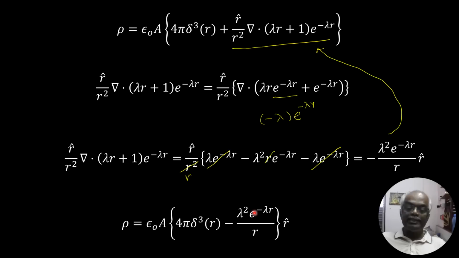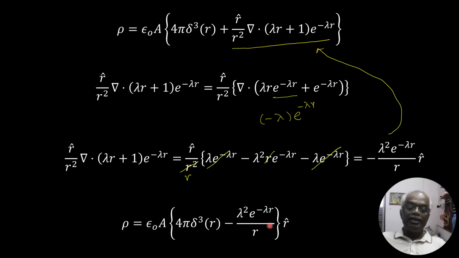That is minus lambda squared e power minus lambda r over r, of course, r cat. Remaining thing I am keeping as it is. That is epsilon naught a 4 pi delta q over r, and minus lambda squared e power minus lambda r over r cat.